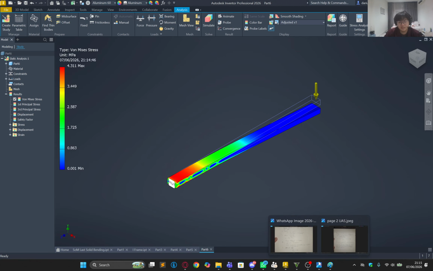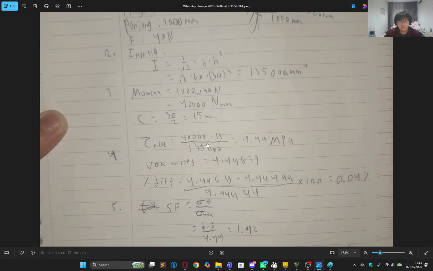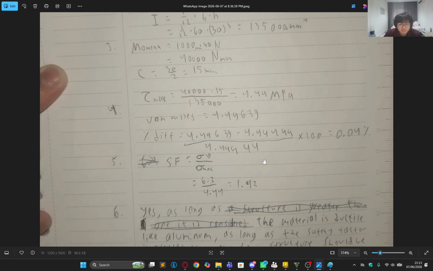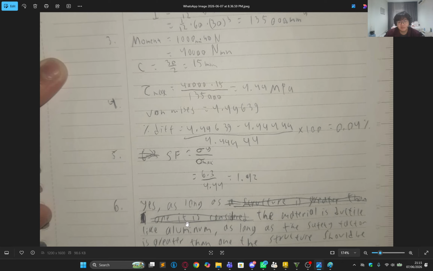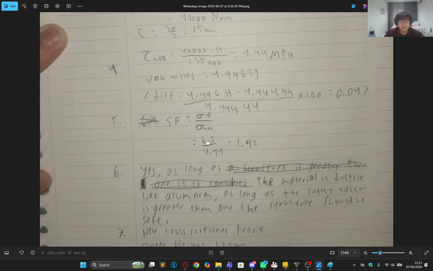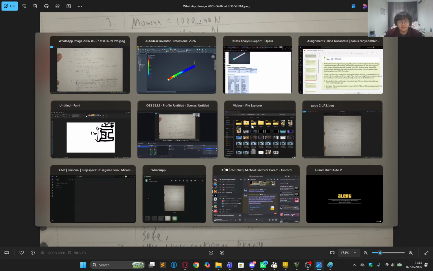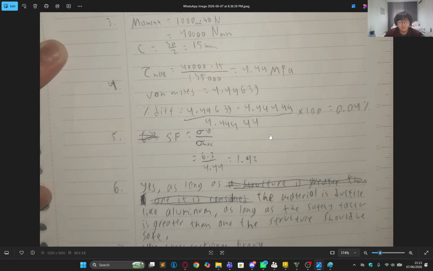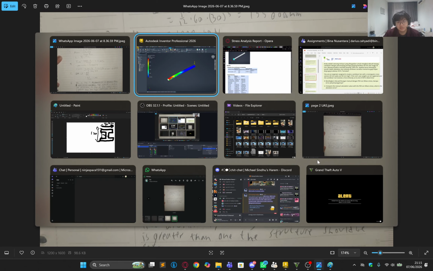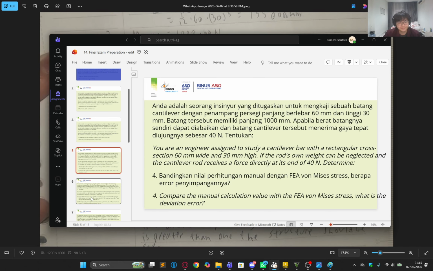But in my case, I have done this before, so it is different. It could definitely be higher or lower than before, but I got 0.04% before, so this time it could be at least 5-10% or so. And after this, we have to calculate the safety factor, if I'm not wrong.